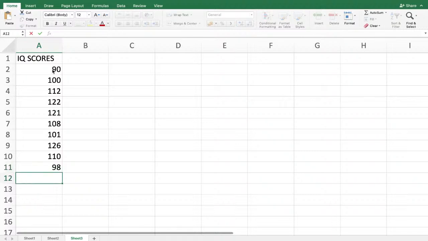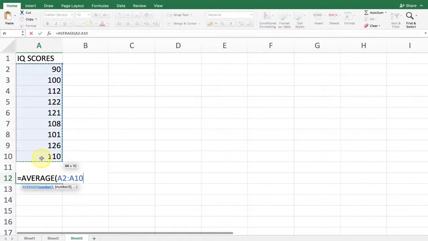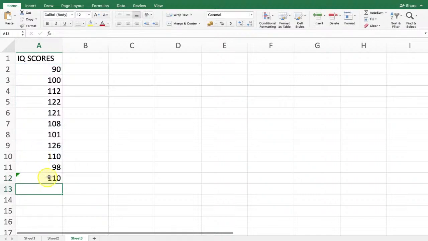That's 10 students. Let's look for their mean, which is the average. So this is the mean. Let me insert one more row so we can label.